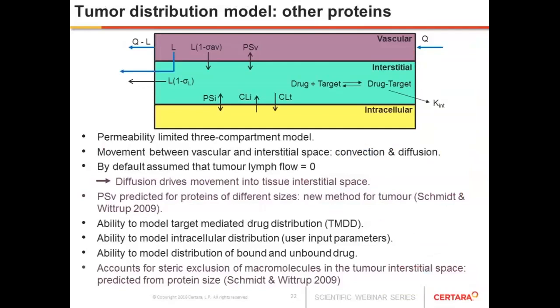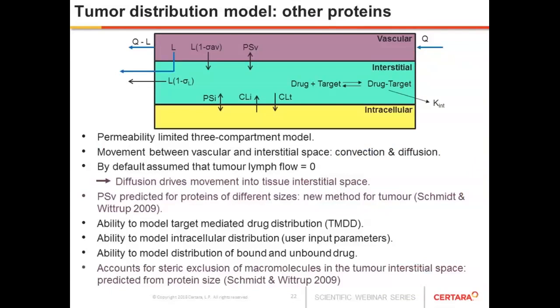In terms of the details of the model and the key mechanisms that are incorporated, this is the tumour distribution model that we have for therapeutic proteins. It's a permeability-limited three-compartment model, so it has vascular, interstitial, and intracellular compartments. Movement between the vascular and the interstitial space can be described via convection and diffusion.